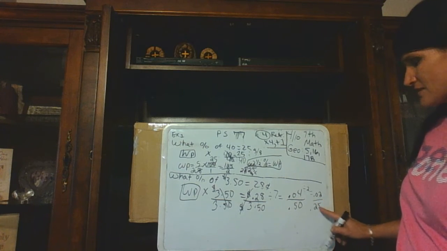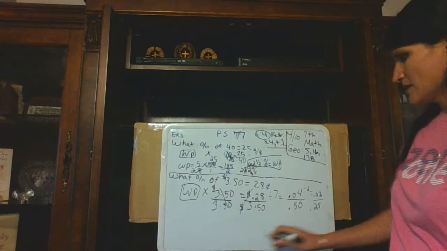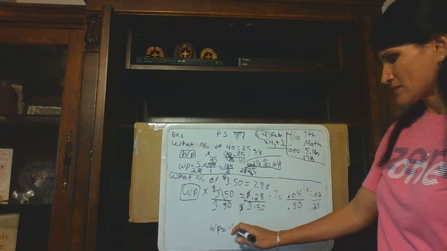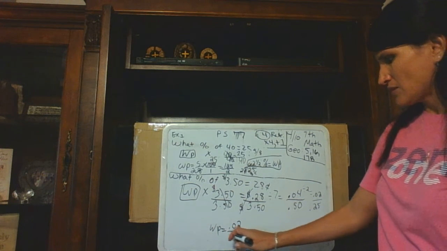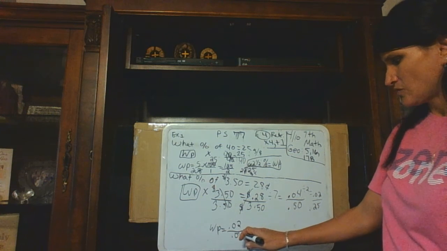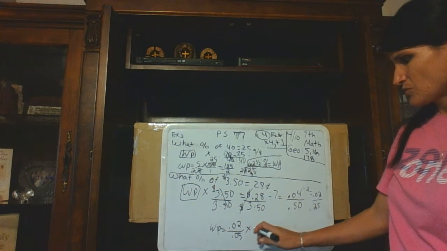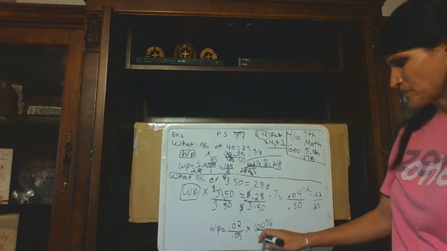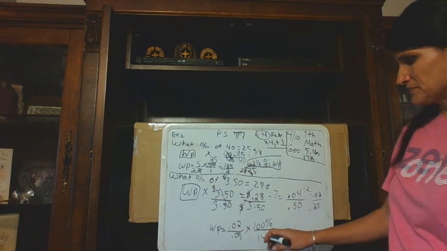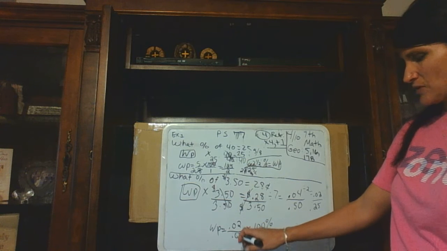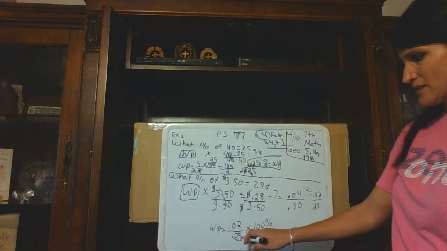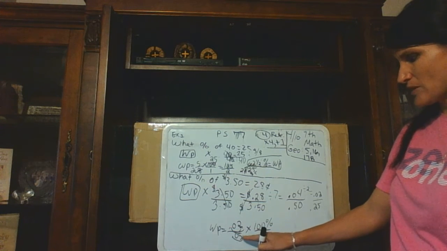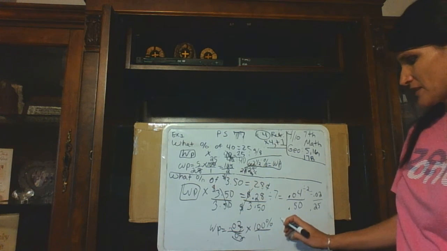And obviously this is not a percent, okay? So I'll say WP equals 0.02 over 0.05. And I will multiply by 100% to create the percent. I can't leave a decimal in a fraction, so I'm going to move it twice and move it twice. This now becomes 2 and 5, so I'll rewrite that, okay?